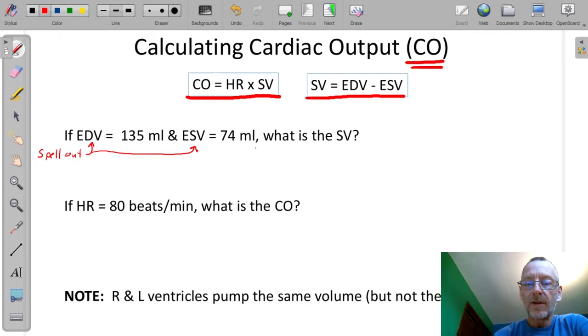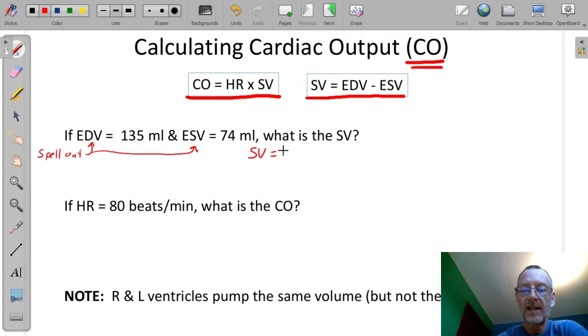So stroke volume is equal to how much blood the ventricles pump with each beat, with each stroke of the heart. And the volume is the same for the right ventricle and the left ventricle.